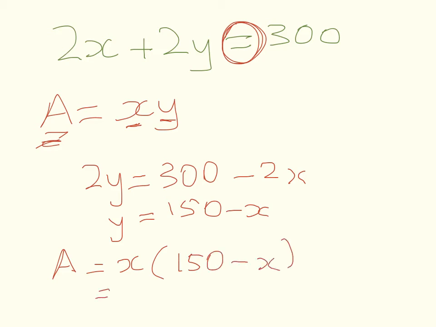And we're going to want to differentiate that, so we might as well expand that out right now. So 150x minus x squared. So now what we've got is an expression for the area of the paddock, just in terms of the length of the field, that takes account of the fact that we've just got 300 metres of wire. So we want to maximise that function.